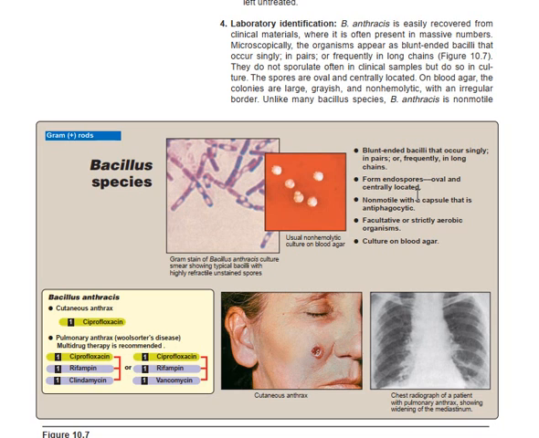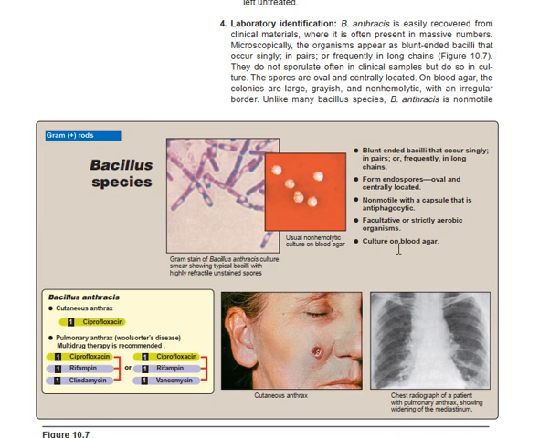They are non-motile, with capsules that are anti-phagocytic, preventing phagocytosis. They are facultative or strictly aerobic microorganisms, meaning that in the absence of oxygen, they may not even live.